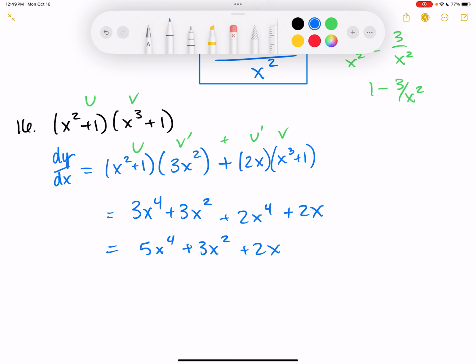Now, some people might ask, couldn't I have FOILed this and then taken the derivative? Well, yeah, you can if you're dying to, but it technically takes a little bit more work. So probably not the recommended way, but if you think you may have done the product rule wrong, you could always go back and check it by doing it that way.